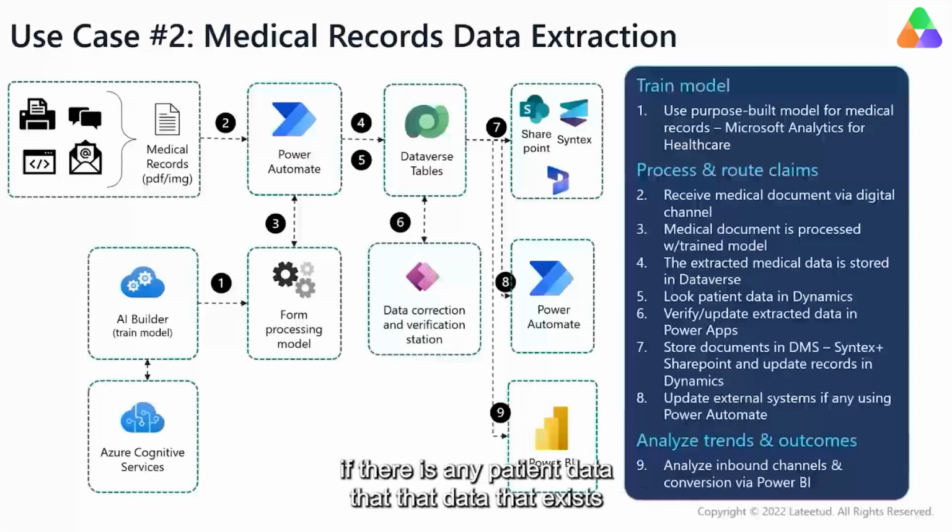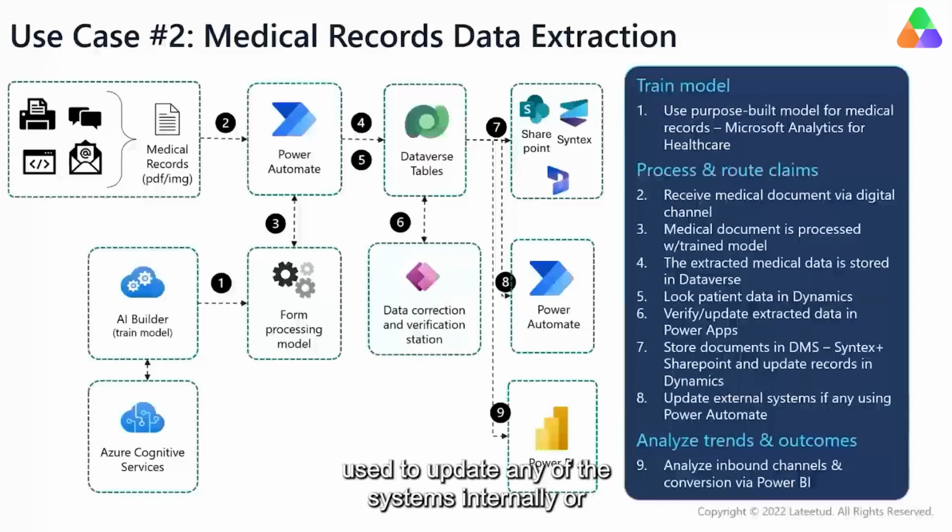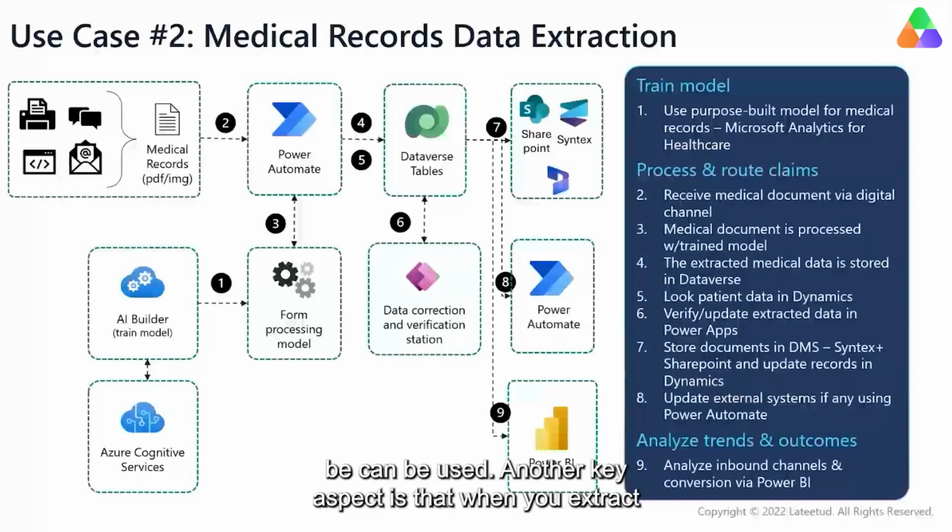So it's taking SharePoint to the next level. And if there is any patient data that exists within your core healthcare systems or Dynamics, even that can be brought in for verification of patients and the PHI related information. And then Power Automate can be used to update any of the systems internally or externally. So the RPA capability of Power Automate can be used. Another key aspect is that when you extract this information, for instance, you have 5 or 6 categories of medical records.